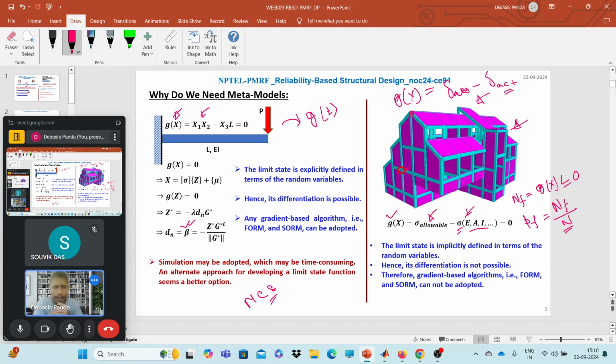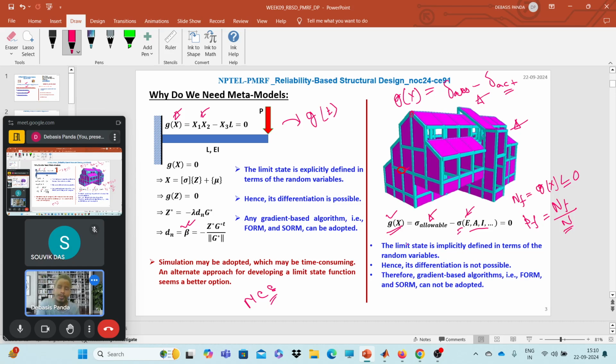So there should be some method by which we can perform the reliability analysis where the limit state function is not explicitly defined. That means we have an implicit limit state function.